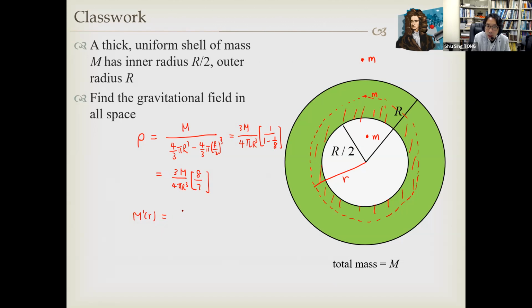The volume of this part, which is 4/3 pi R cubed, the big radius, minus the volume of the cavity. The volume of the cavity is 4/3 pi (R/2) cubed, right? So I would have this.